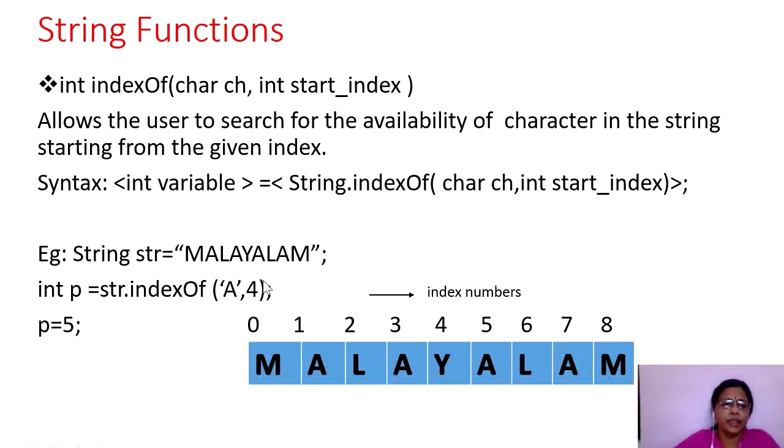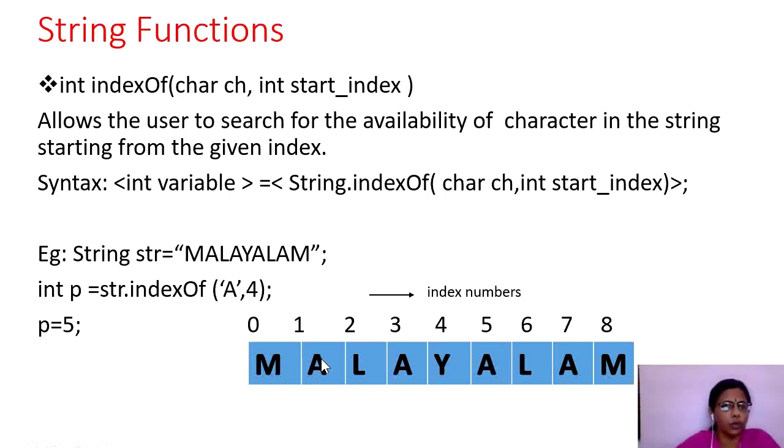Now if I say str.indexOf capital A, that means I am going to look for the position of capital A. If I don't give this comma 4, if I give only capital A, what will happen? The compiler will look at which position I have my capital A. My capital A is at index number 1. So my answer will be 1.